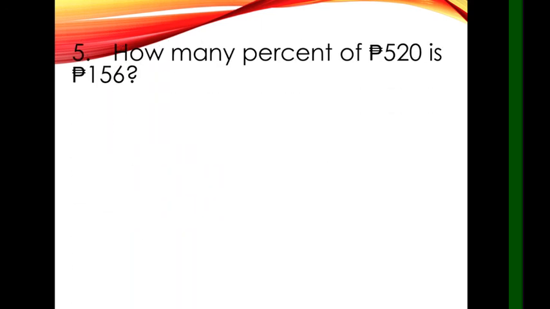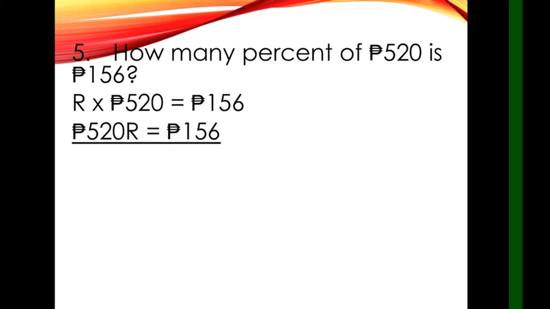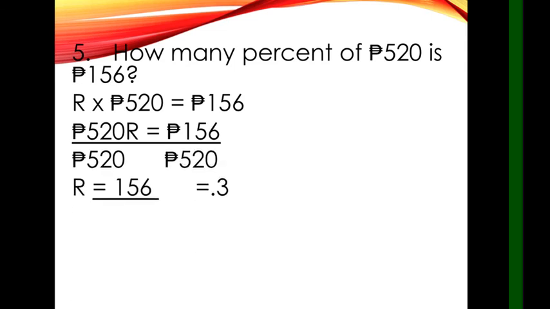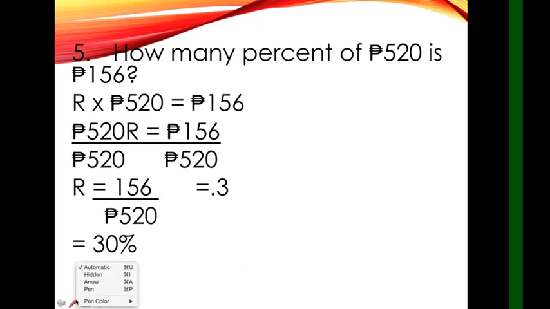Okay? How many percent of 520 is 156? So we have R times 520, which is the base, equals the percentage 156. Divide both by 520 and you will get 0.3 or 30%. I hope this is clear. Kung hindi, sige, let's have a better solution for this.